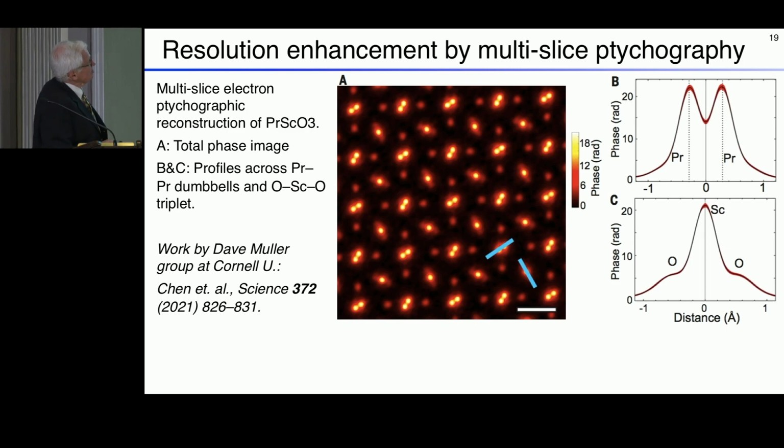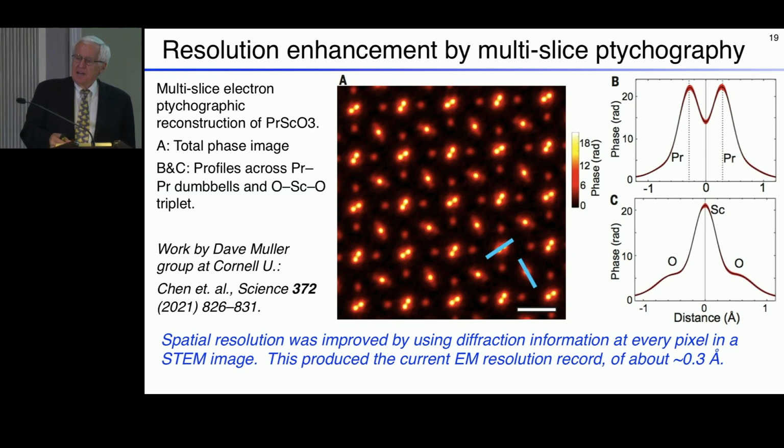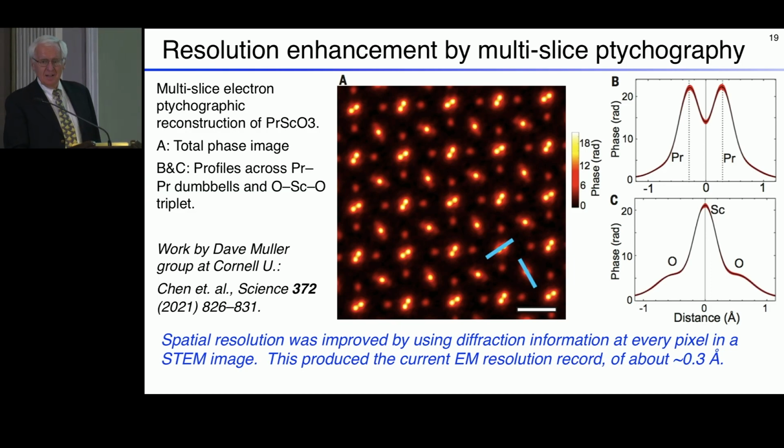And if you do a line profile through here and here, the praseodymium peak here is about 0.3 of an angstrom wide. So they've pushed the resolution down to about 0.3 of an angstrom using about 0.6 of an angstrom probe. And when you get that far, that's essentially the end of the road for electron microscopy, because atoms oscillate.